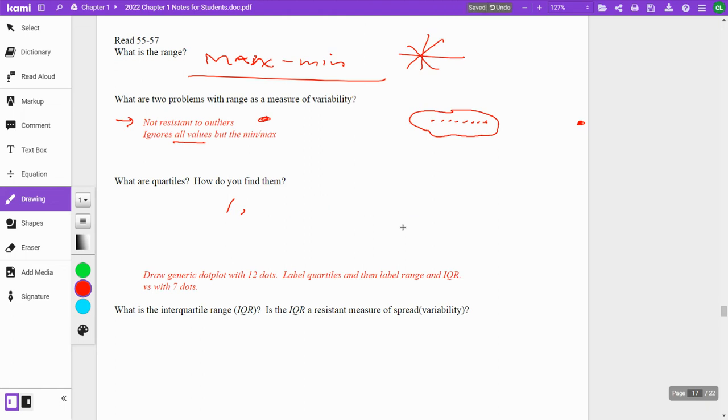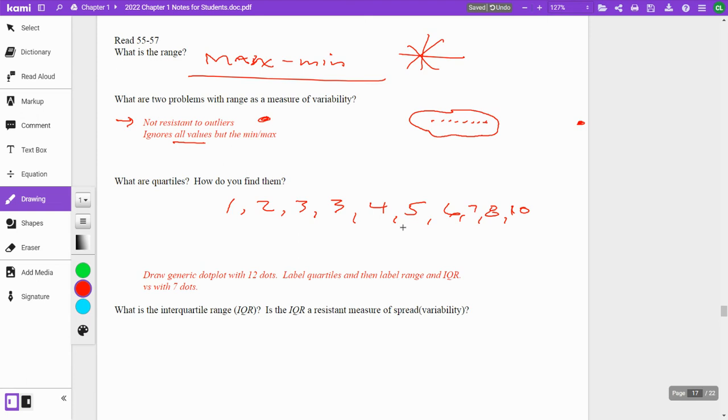Just go 1, 2, 3, 3. You've got to duplicate if they're in there. 4, 5, 6, 7, 8, 9. Let's do 10. Let's see how we got. 1, 2, 3, 4, 5, 6, 7, 8, 9, 10.